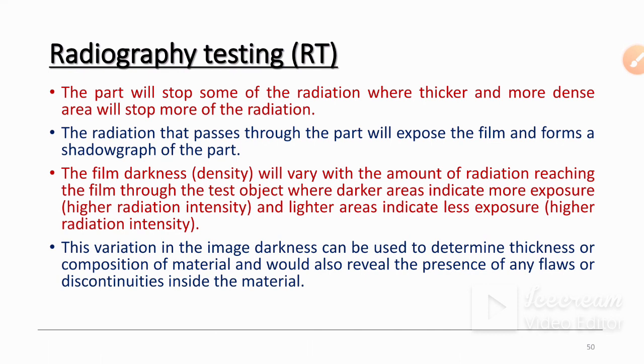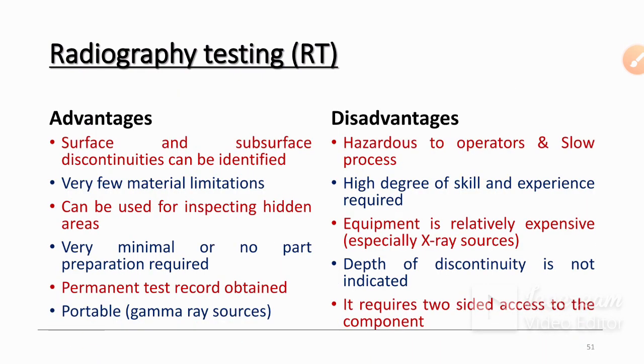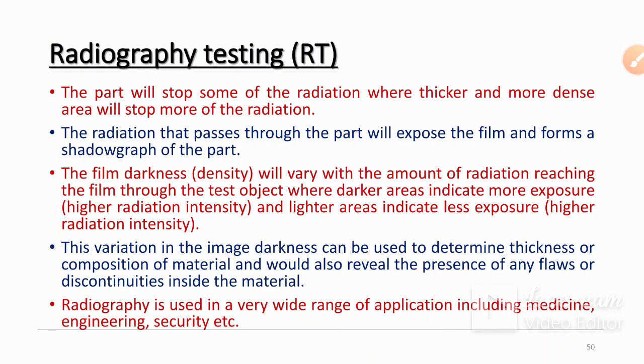This variation in image darkness can be used to determine the thickness or composition of the material and would also reveal the presence of any flaws or discontinuity inside the material. Radiography is used in a wide range of applications including medicine, engineering and security, etc.